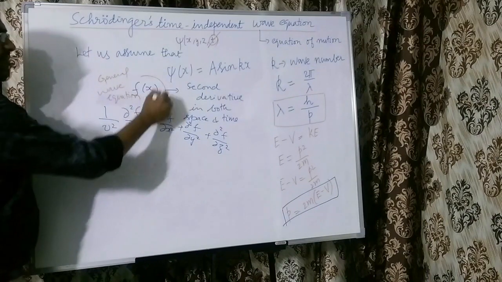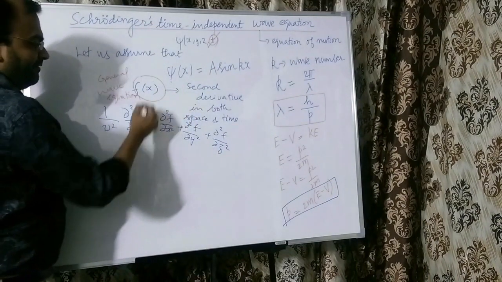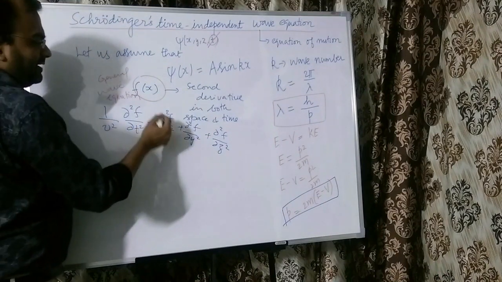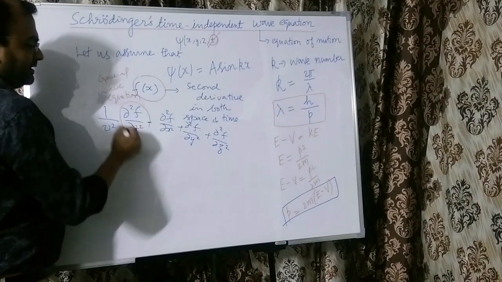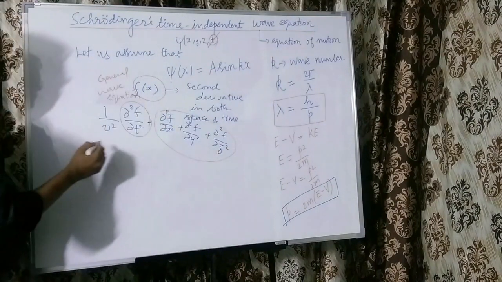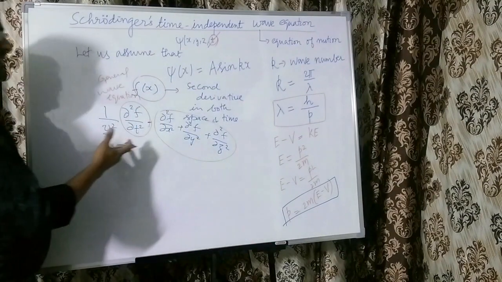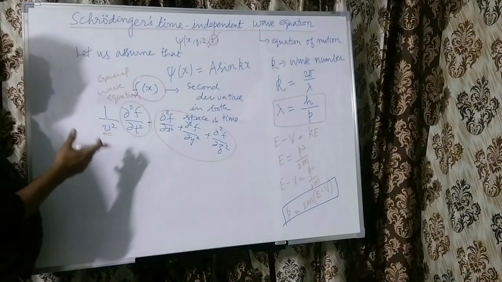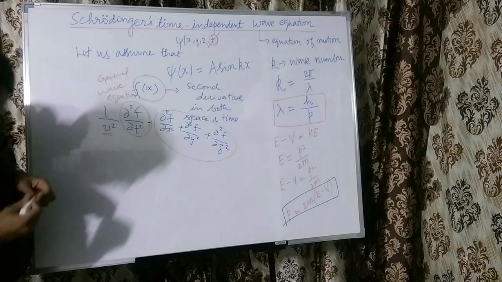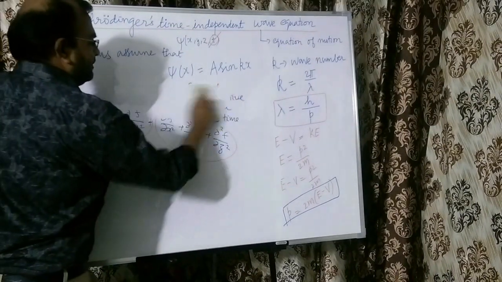You can see that this equation is a general wave equation for a wave function f of x, having a second derivative both in the temporal coordinate and the 3 spatial coordinates. Of course, v is the velocity of this traveling wave. This is the equation for representing a wave in classical mechanics.